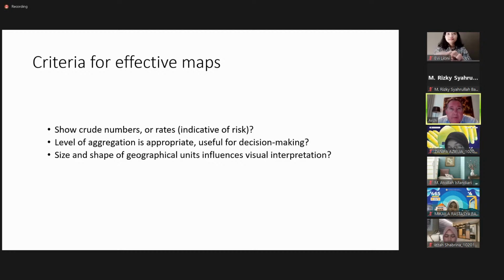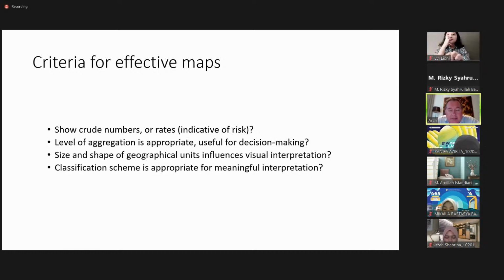And so if you have a map, for example, a choropleth map, where you've got rural and urban areas, your eye may be drawn more to the rural areas because they're larger. And so that can be problematic for interpreting disease risk. And so there are different methods that can be used to overcome those problems.